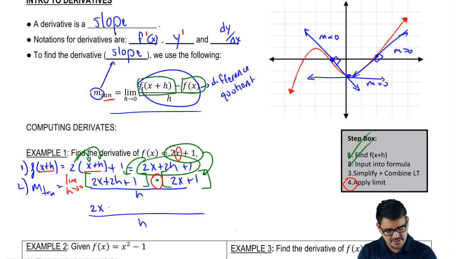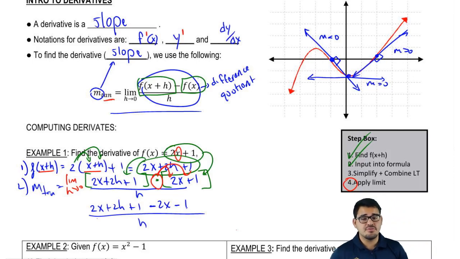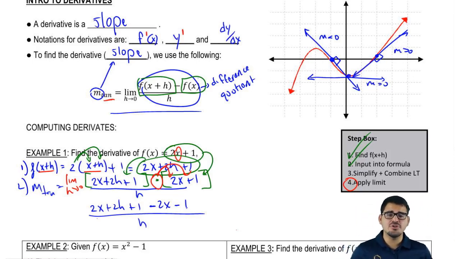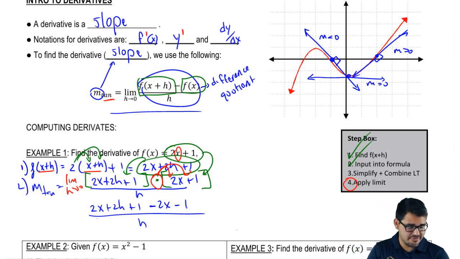And then combine like terms. So I'm going to have 2x plus 2h plus 1. Just drop the parentheses. And then I'm going to distribute this minus. I'm going to distribute the minus to the 2x, and that's going to give me minus 2x. And then I'm going to distribute this minus into the plus 1, and it's going to give me minus 1. So now that I've distributed the minus, I'm going to combine like terms, which is my step of simplifying.